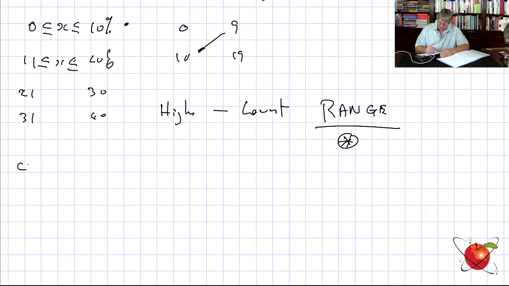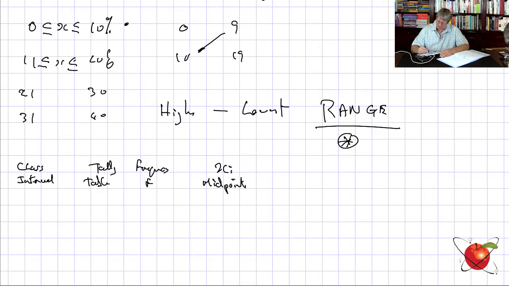First of all, there's the class interval, like that. Then there's a tally table, over here. Then there's F, which is the frequency. Then there's what's called XI, which is the midpoint.